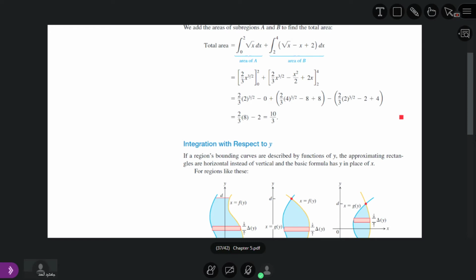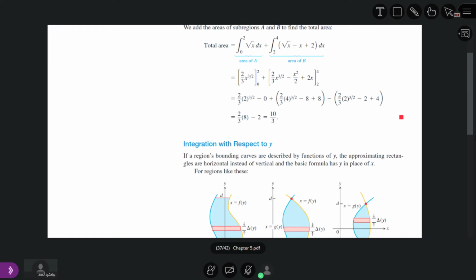So this is a quadratic equation. We can solve it by the factorization method. If we have a quadratic equation, we can solve it by three different methods: one is factorization, the second is completing the square, and the third is the quadratic formula.